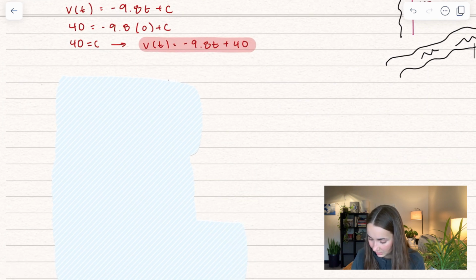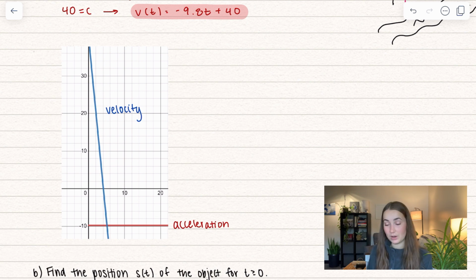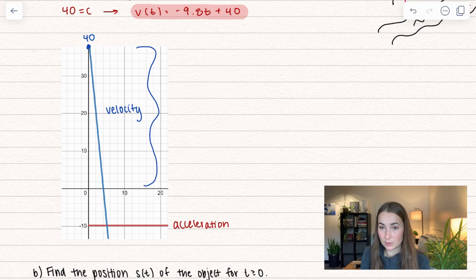Let's look at the graph. Here we had acceleration, which is a constant negative 9.8 meters per second squared. And now we have our velocity. Our starting velocity is right up here at 40. At first our velocity is positive because the rock is being thrown upwards. As it's above the x-axis, we have a positive velocity, which means the stone is moving upwards.